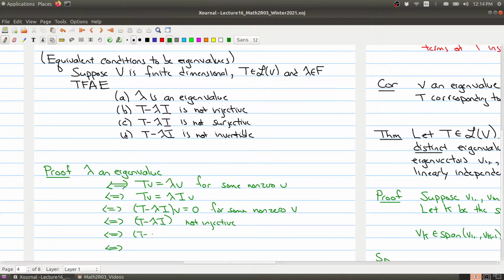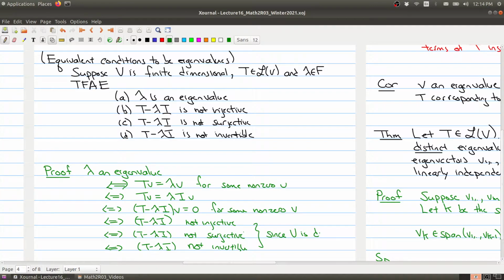It means that this is also not surjective. And it also means that this operator is not invertible. And this follows from some results that we ended chapter 3 with when we were looking at linear operators, so you might want to look at chapter 3 again.